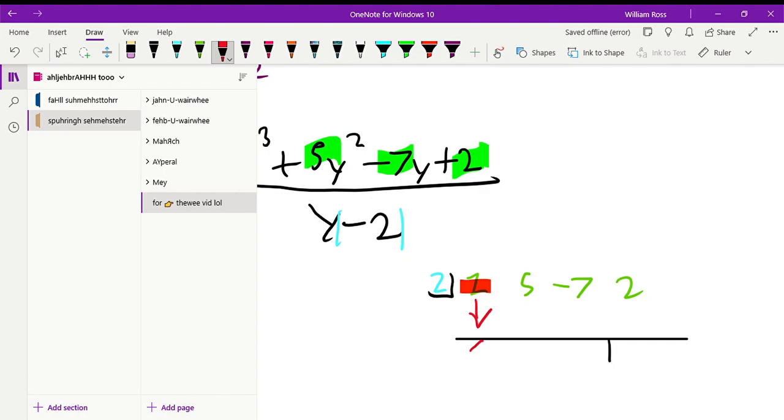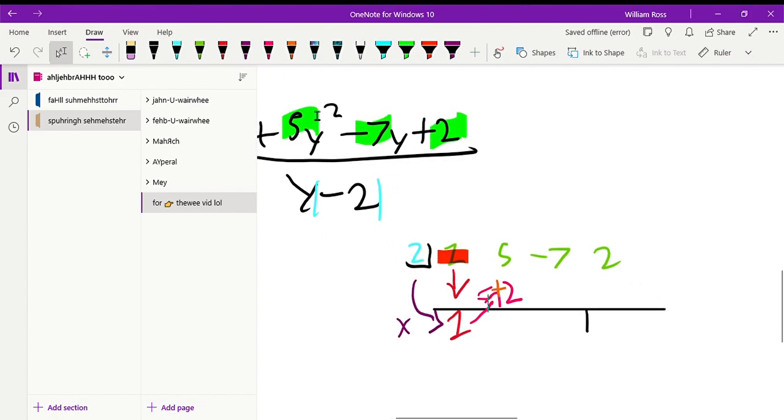Alright. So drop down the 1. Multiply 2 and 1, which will give us 2. 5 plus 2 is 7. Then multiply 2 and 7.